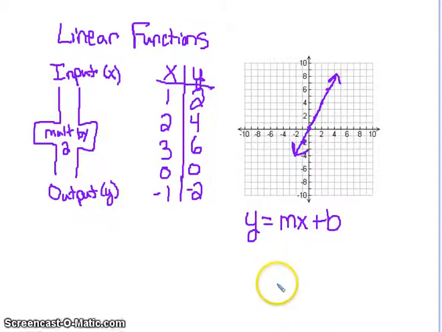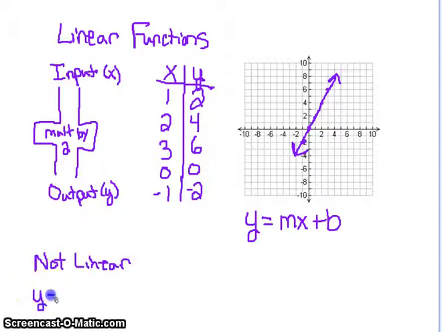So the first part of your practice is going to ask you if we have a linear function or not. And obviously if they are in the form of y equals mx plus b, that is a linear function. Some things that are not linear functions are quadratic.